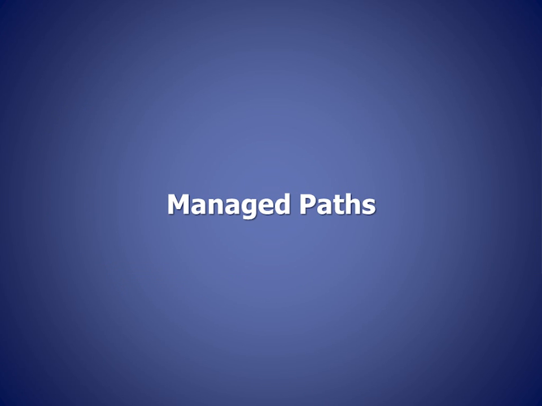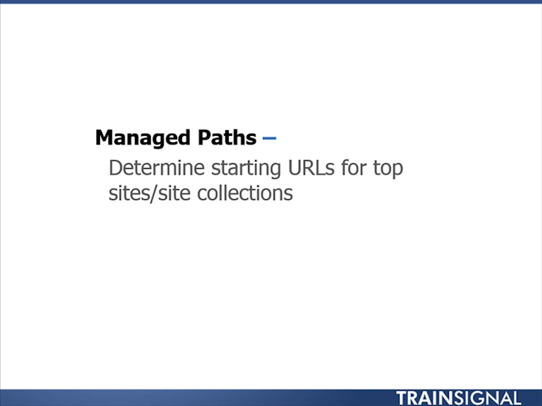We're going to start off by taking a look at our managed paths. A managed path is a container that's going to become the starting point for the URLs for our top sites, or for our site collections. When I create a child site, that child site is going to become a child of the parent.